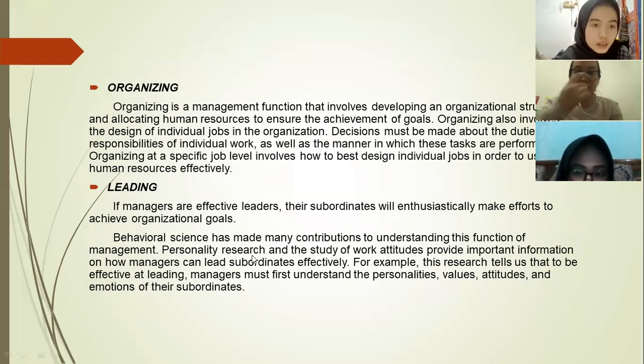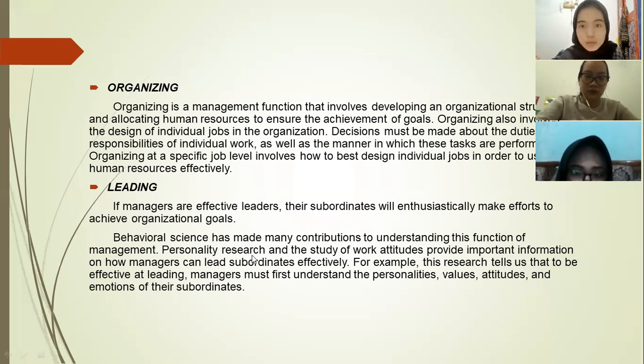Organizing. Organizing is a management function that involves developing an organizational structure and allocating human resources to ensure the achievement of goals. Organizing also involves the design of individual jobs in the organization.